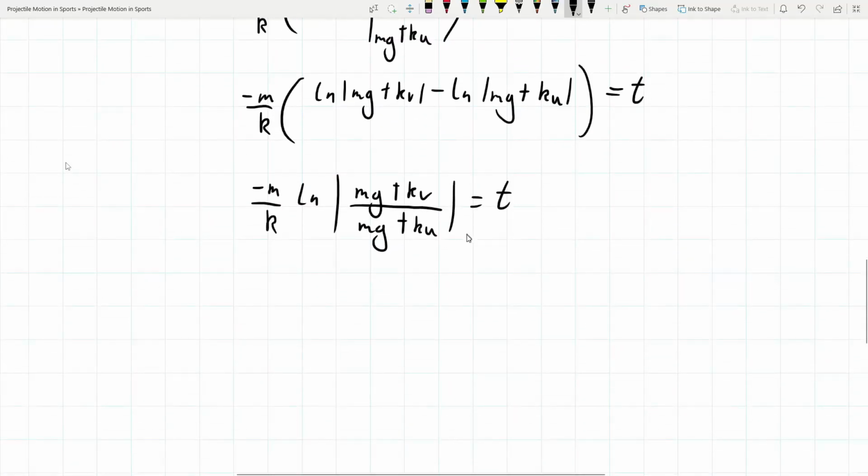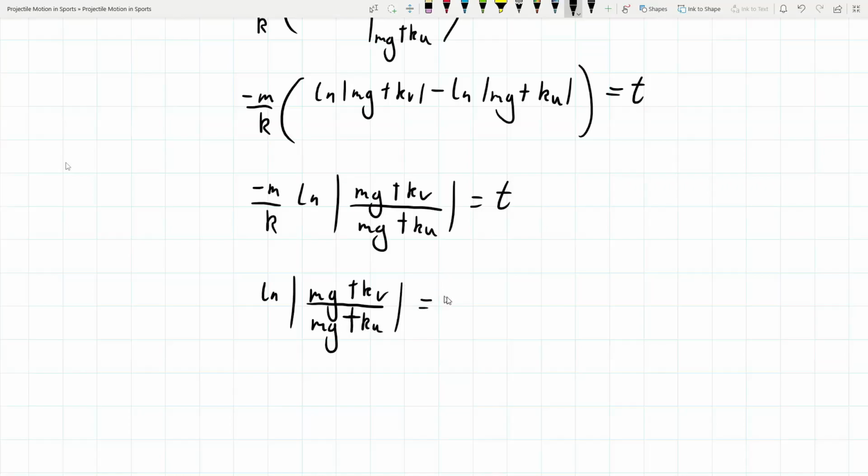What we can do is multiply both sides by k over m to get rid of this m over k. So we have ln of (mg plus kv) over (mg plus ku) equals, so we multiply by the k and we get kt, over then the minus m, we can put the minus there and put the m down there.